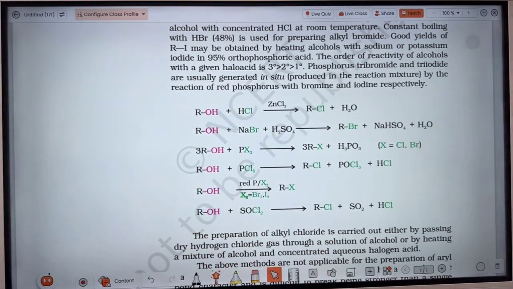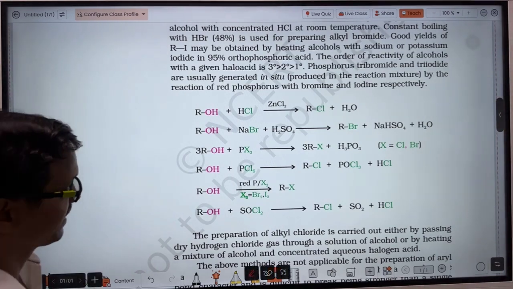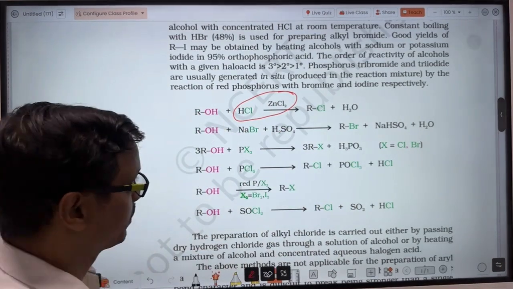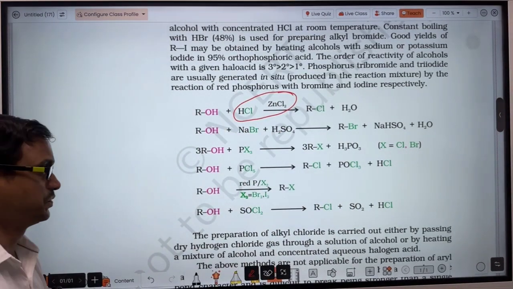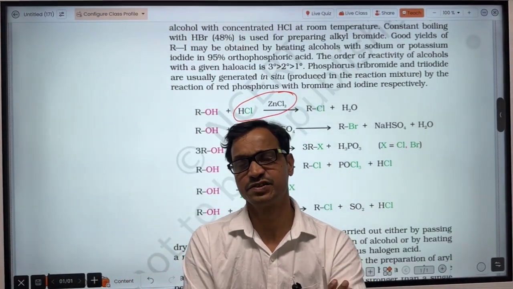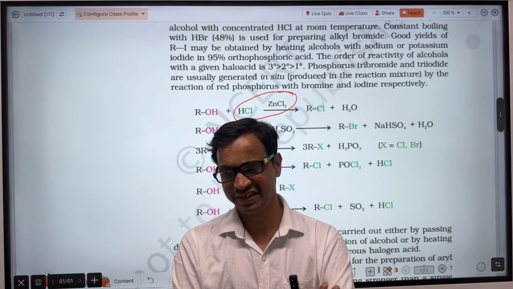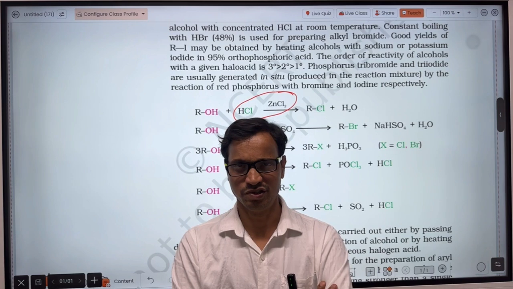First one is the reaction of alcohol with HCl and ZnCl2. The mixture of conc HCl and ZnCl2 is called Lucas reagent, and it is used to distinguish the types of alcohol.